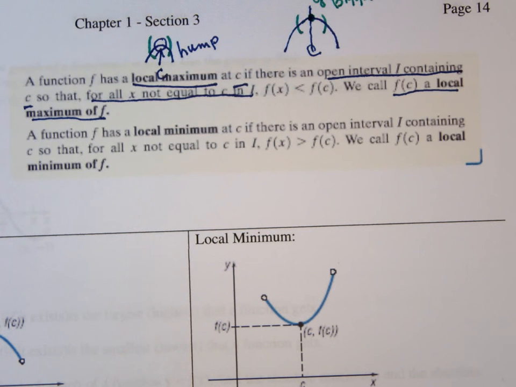Because if you look around you, everything is below you. And that's all it's saying. When you're at the tippy top, everything is below you. There isn't anything above you because you're at the tippy top. So it says, okay, I'm going to pick an interval around that hump. And if I look around me, I'm at the tippy top. Everything else is below me. That's what that means.